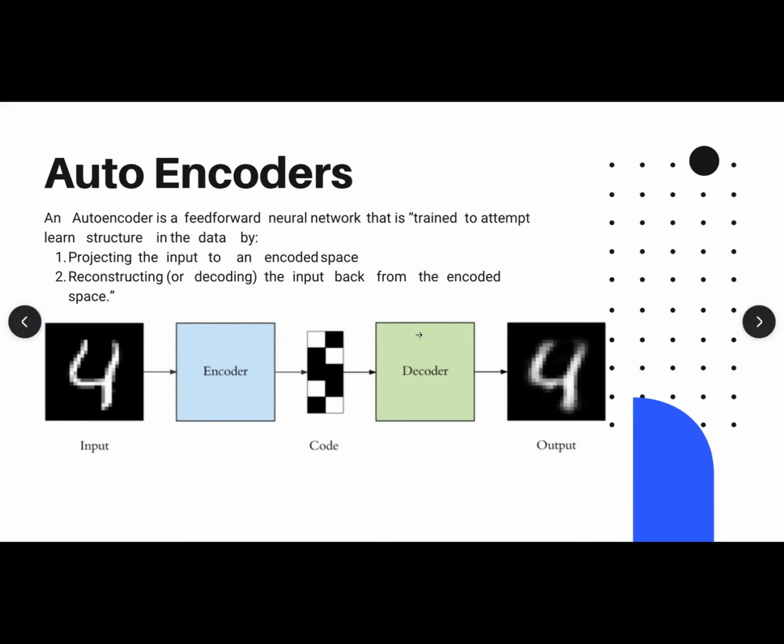So the encoder and the decoder work together to build a latent space that summarizes as much information from the input as possible and is useful for reconstructing the image. As you can see here, it's not perfect. It's not 100% reconstructed, but it does contain some of the information from the image.